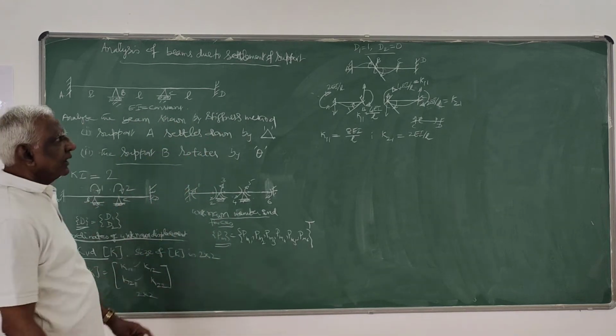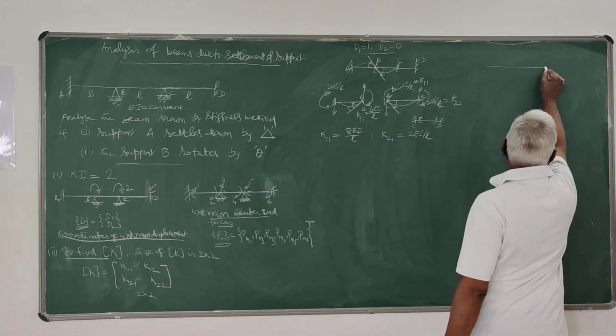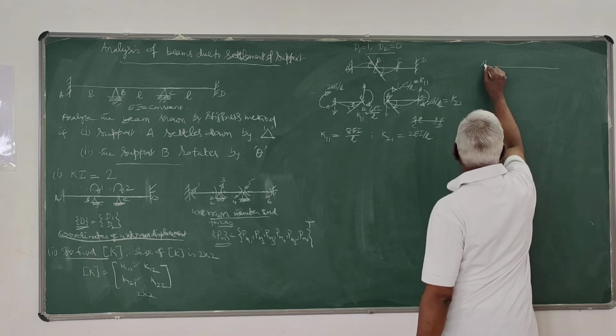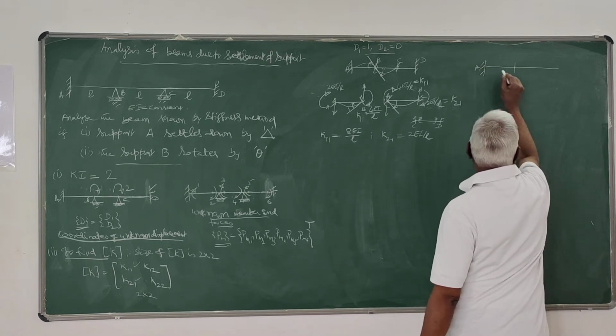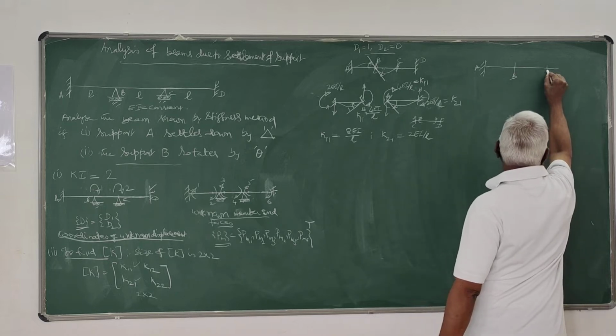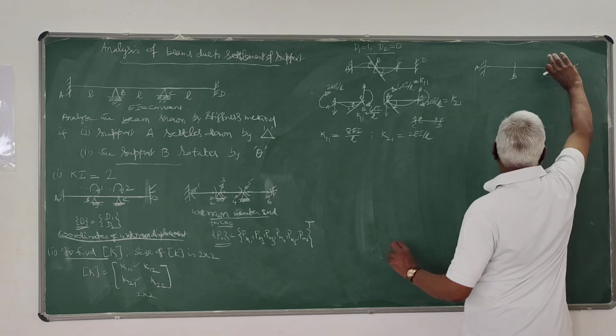Next, K12 and K22. For that, we have to give unit displacement in the direction of 2. That is, at C, we have to give unit displacement here.